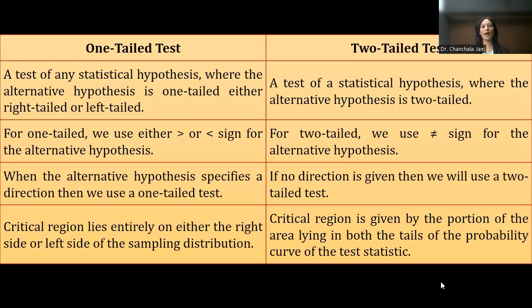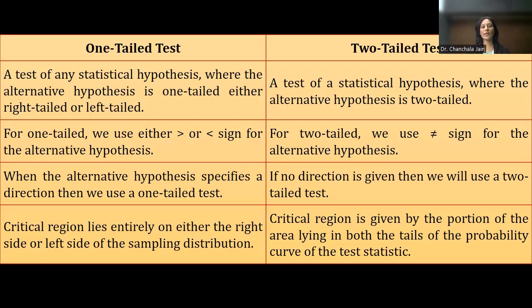If the alternative hypothesis contains either the less than sign or the greater than sign, then this is a one-tailed test. Or when the alternative hypothesis carries the not equal to sign, in that case this is a two-tailed test. When the alternative hypothesis specifies the direction, we use a one-tailed test, and if no direction is given, then we use a two-tailed test.